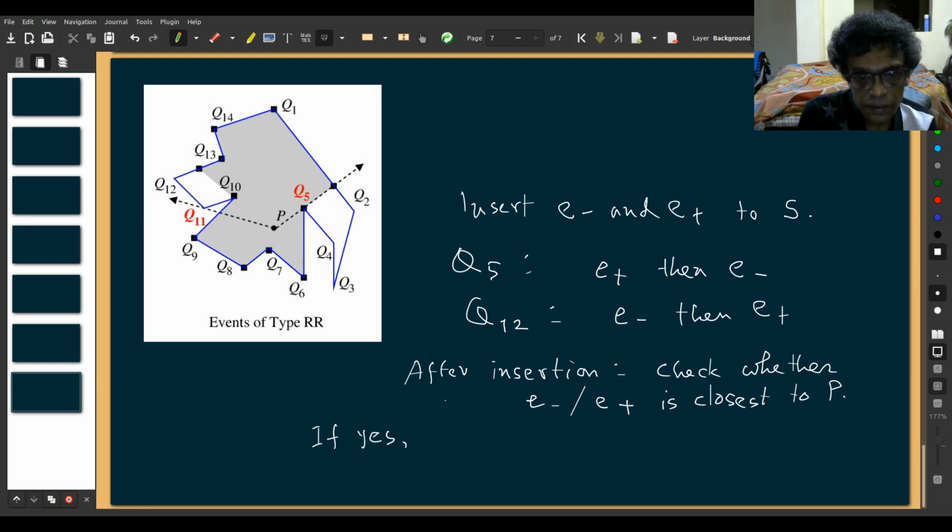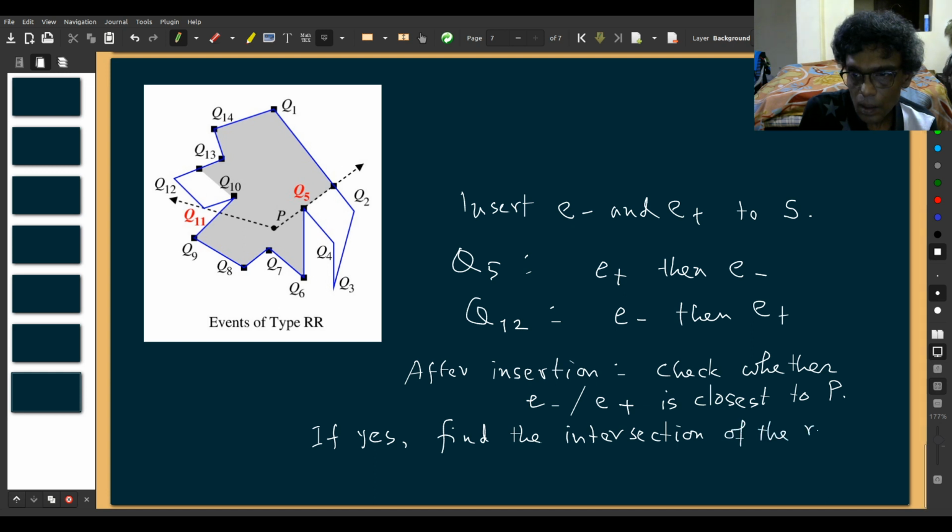Otherwise, if yes, find the intersection of the ray with the third nearest active line.